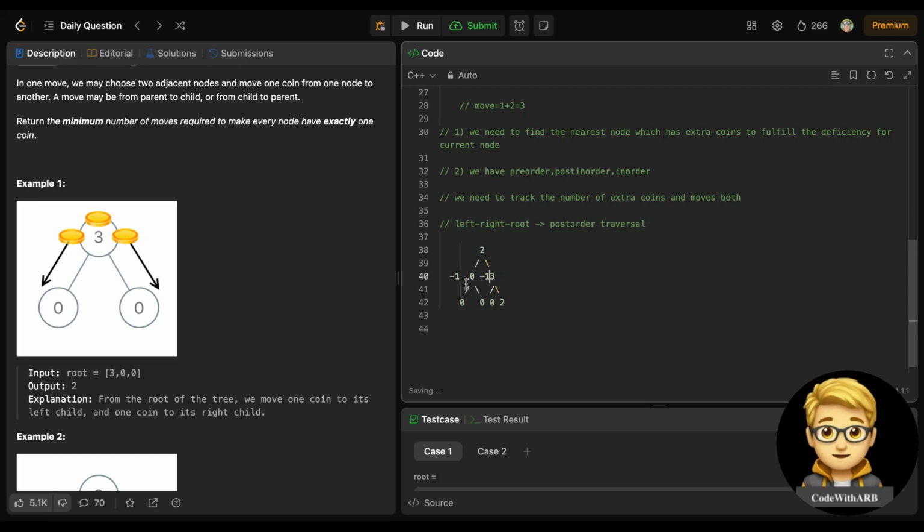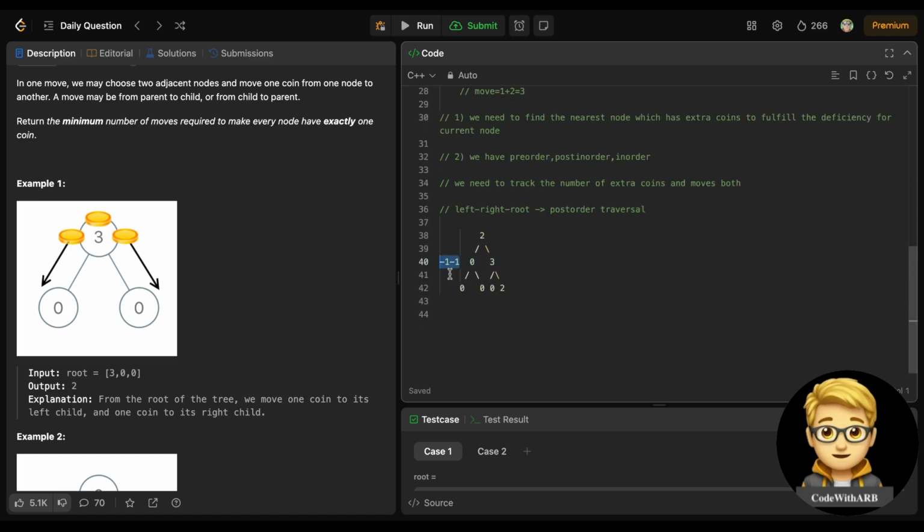I require, I can give -1 coin, it means I require 1 coin, right? Okay, let's write this here, because there are some space constraints. So both require -1 coins, so it has a total of -2 coins.